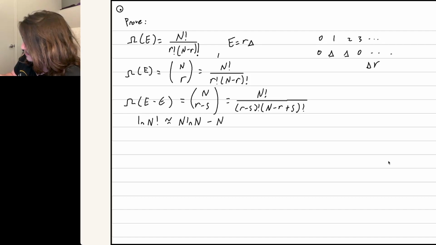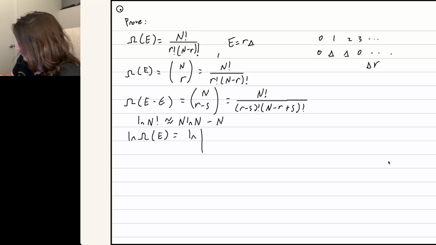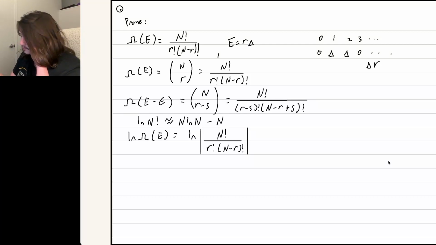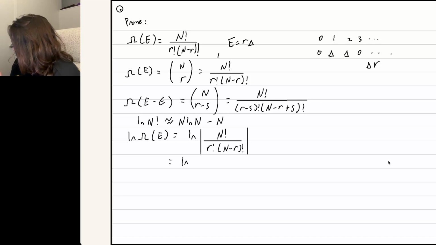So just looking at the natural log of omega of e, so that we're looking at the natural log of n factorial over r factorial times n minus r factorial, which you can split up into multiple components, which I'm going to do.